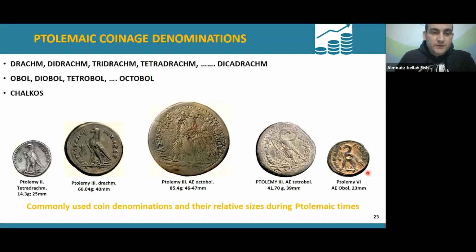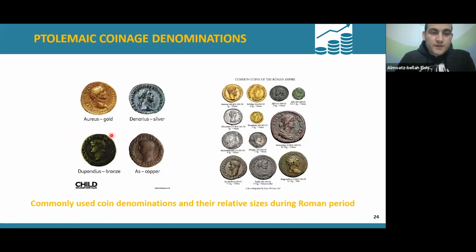Ptolemaic coinage denominations. Here you can see the most used coin denominations and their relative size during Ptolemaic times: obol, tetraobol, octaobol, drachm, and tetradrachm. And here for the Roman coinage denominations, you can see the most commonly used denominations and their relative size during the Roman period.